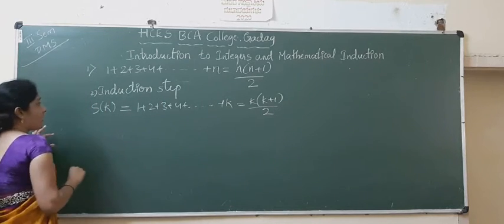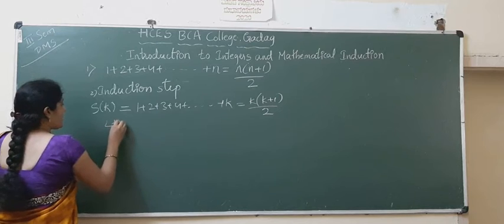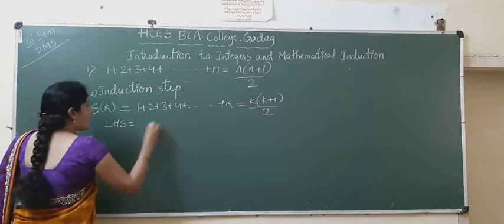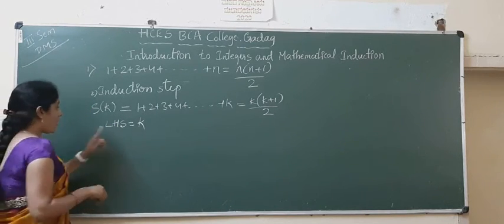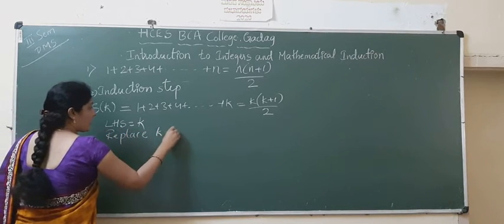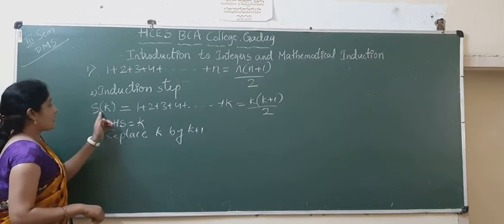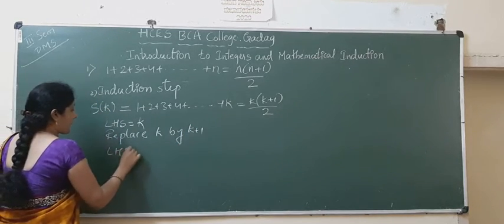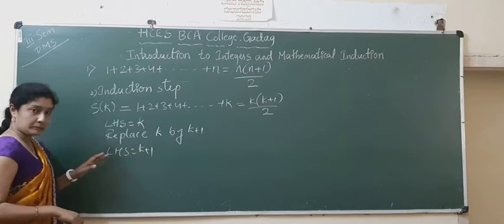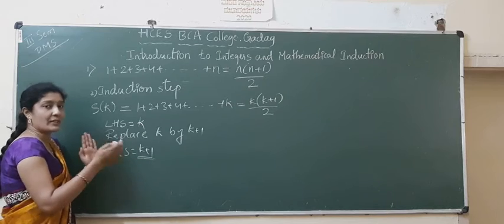Now, next is, so what is there in LHS in terms of k? There is only k. Now, you have to replace k by k plus 1. In that case, LHS becomes k plus 1. Now, you have to add this term on both sides.